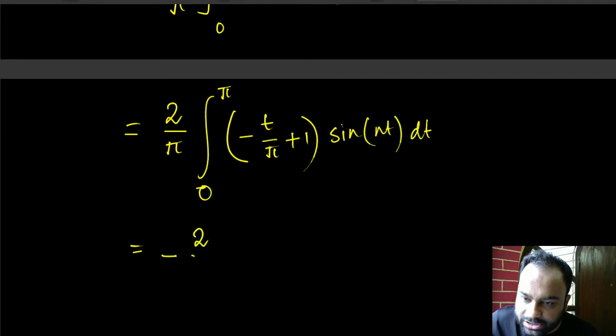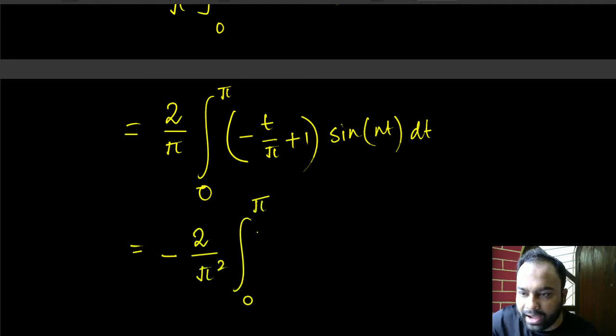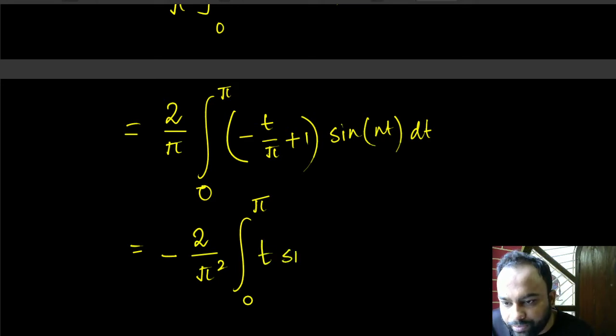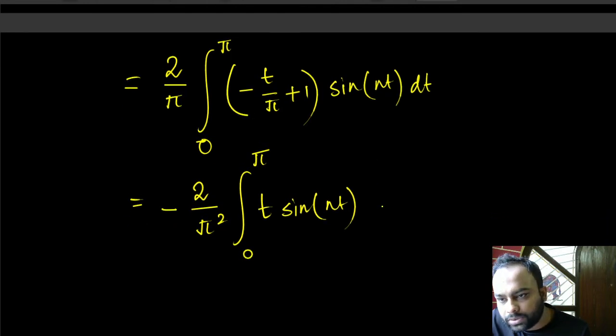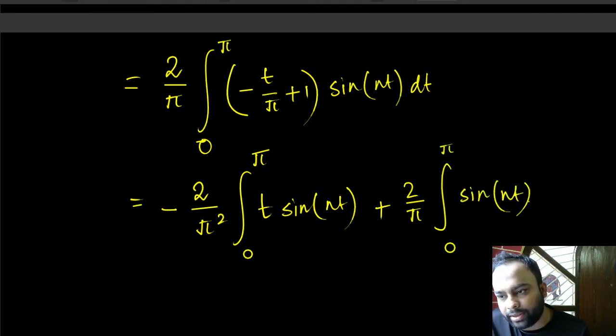One of them is minus 2 by pi square integration from 0 to pi t into sine nt. Another is plus 2 by pi integration from 0 to pi sine nt dt.